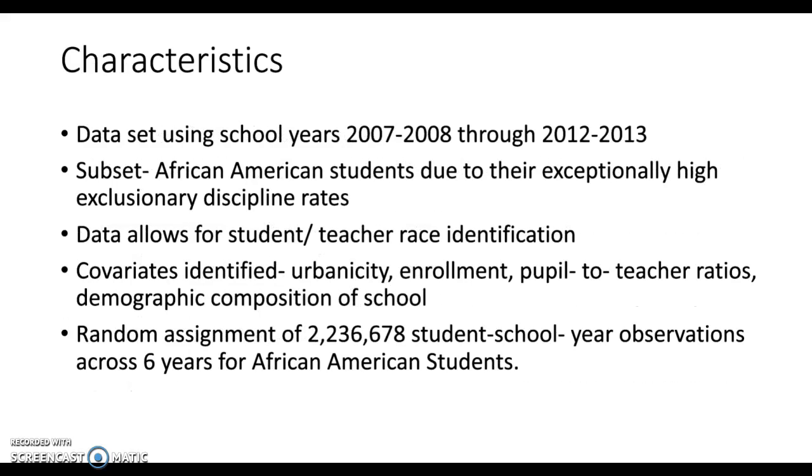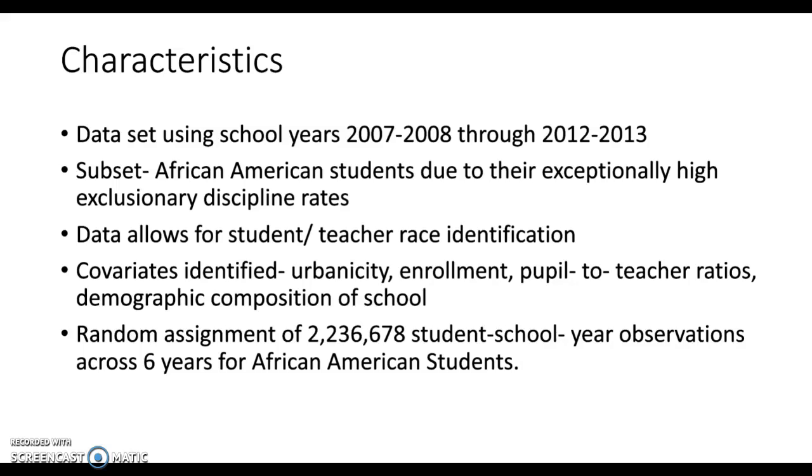The characteristics of the data include: this data set uses the 2007-2008 school year through the 2012-2013 school year. There was a random assignment of over 2 million students, and we used a subset of African American students, identified due to their exceptionally high exclusionary discipline rates in national statistics.